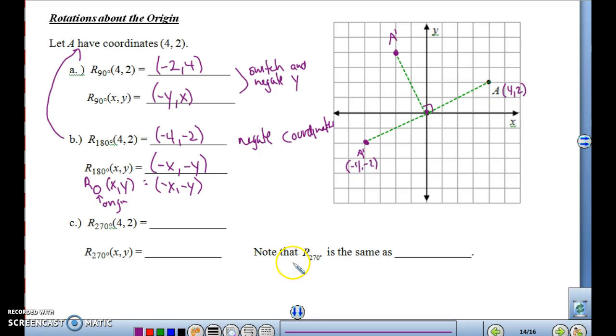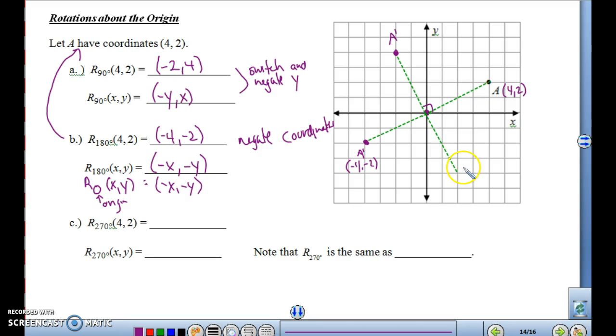Okay, now 270 degrees. That is rotating 90 degrees three times, or 90 degrees past 180. So you would go 90 degrees, 180 degrees, and then 270 degrees.